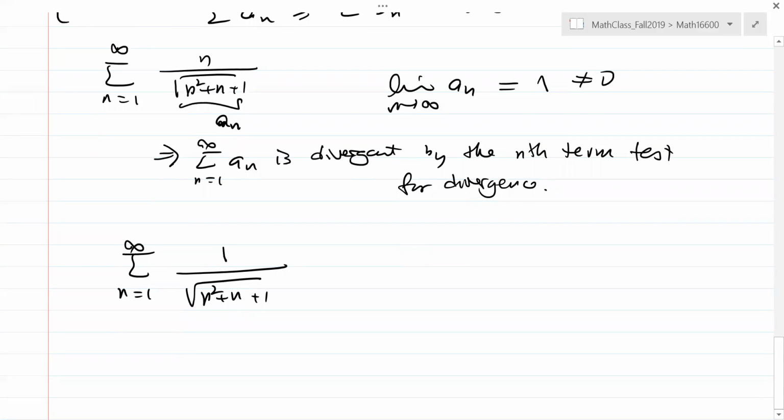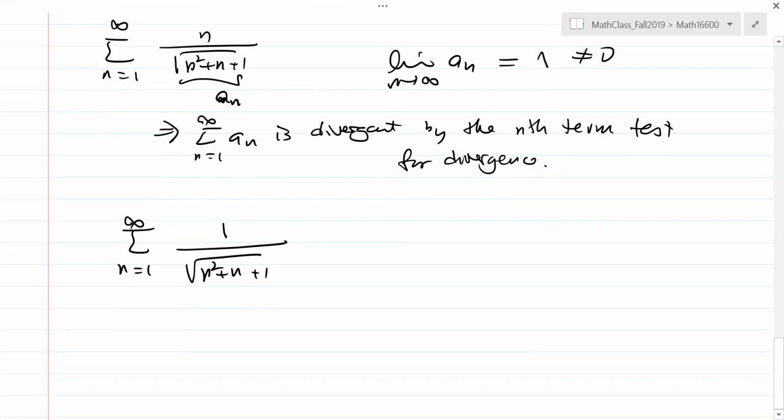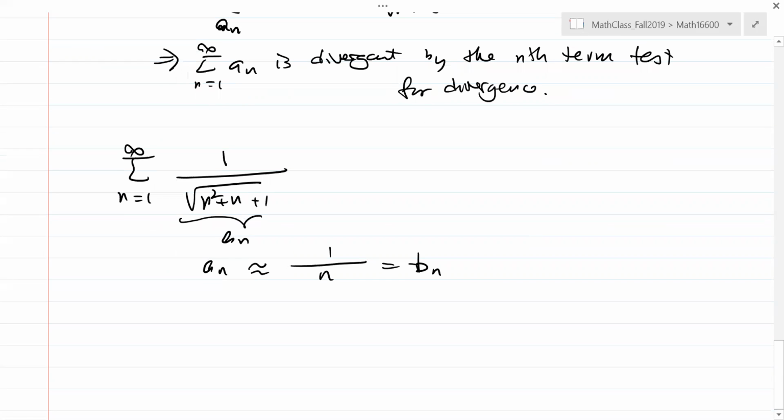To prove that, you have to use the limit comparison test. So the limit comparison test is best in this case. The nth term test cannot be used here to prove it's divergent. And this a_n is about 1 over n, which is b_n. Sigma b_n is divergent, that implies sigma a_n is divergent. Okay?